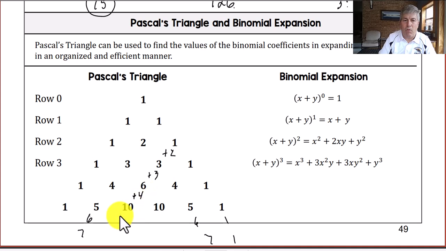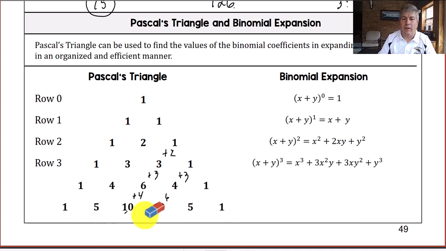We'd add 4. We'd probably add 5 and so forth. And that's going to work the same way going the other way. And here we add 3, and here we add 6. So there are some patterns to be found in Pascal's triangle.